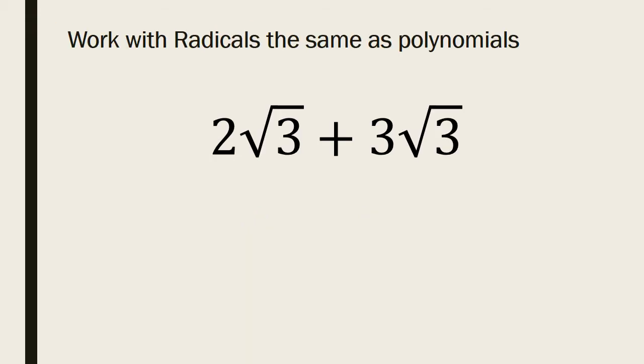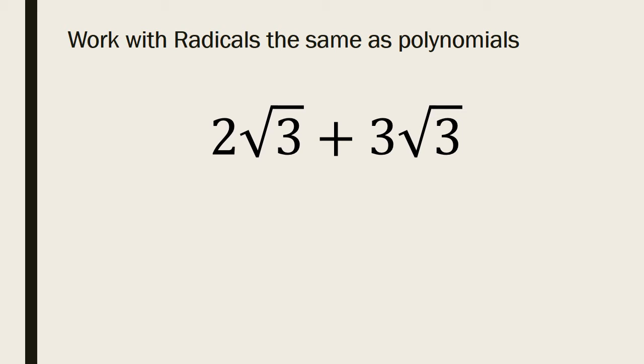Let's take a look at this example now. We have 2 radical 3 plus 3 radical 3. When we work with radicals, we work with them the same way we work with polynomials. That means when we add radicals, we need to think of like terms, or terms that have the same radical.